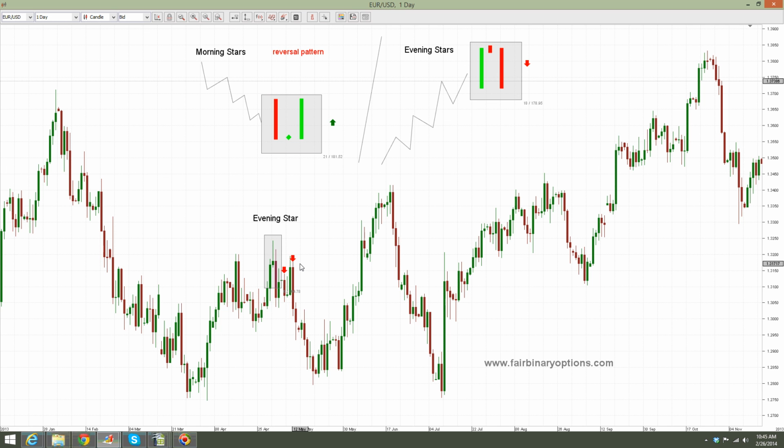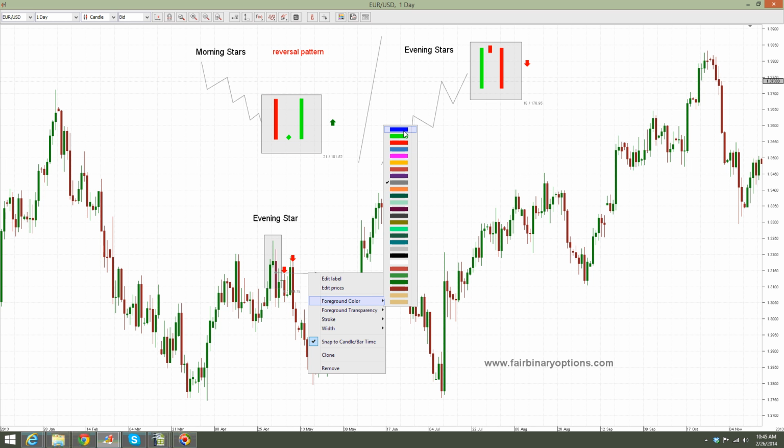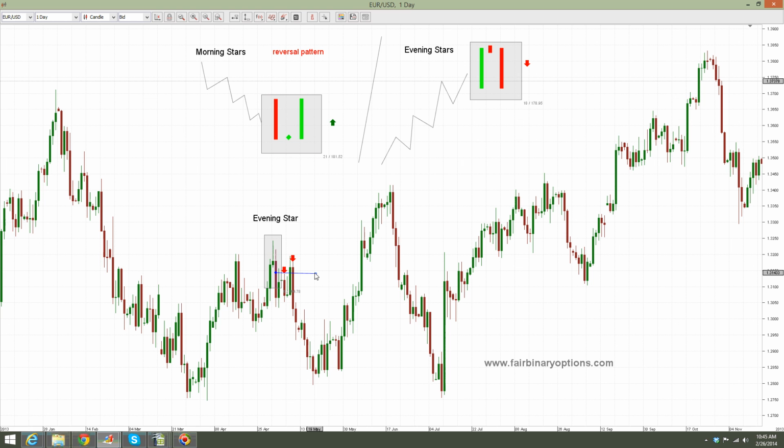And of course, this pattern will indicate that such a thing was not going to happen. So this would be the place to go and buy put options after an evening star, and this place would be given by the 50% or 61.8% retracement from the whole pattern.